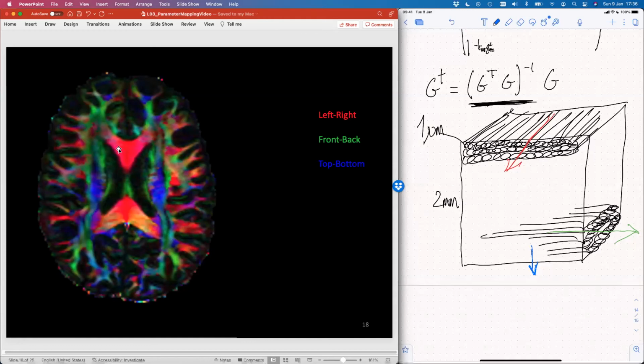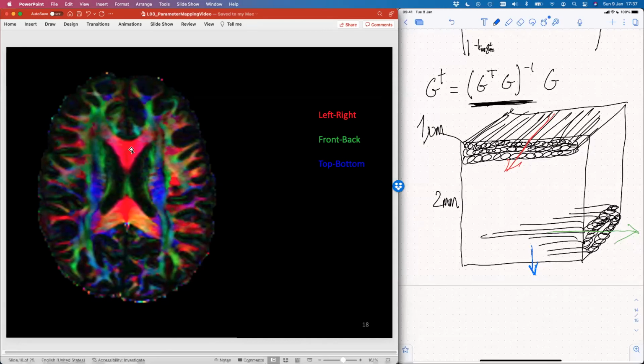is to weight the fractional anisotropy figure with the orientation from the primary eigenvector of the diffusion tensor. To produce these figures, we simply map the absolute values of the components of the first eigenvector of the diffusion tensor to the red, green, and blue channels of the color image.